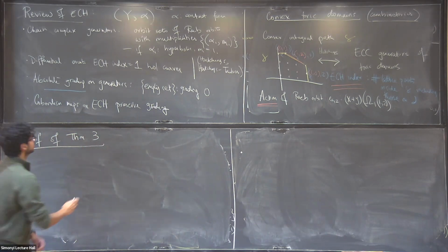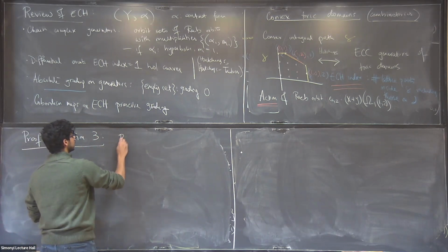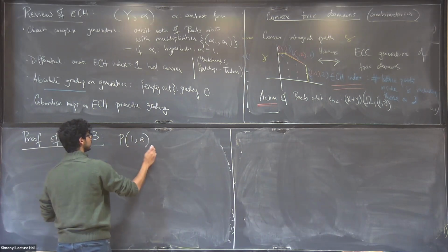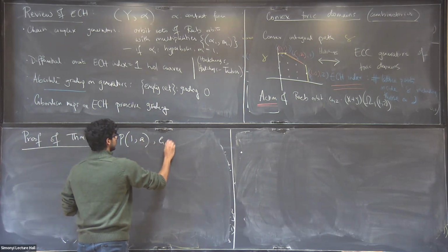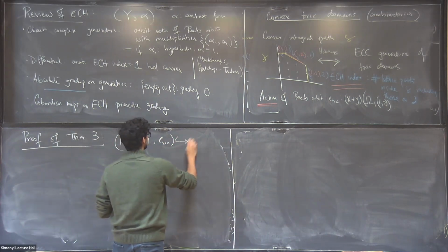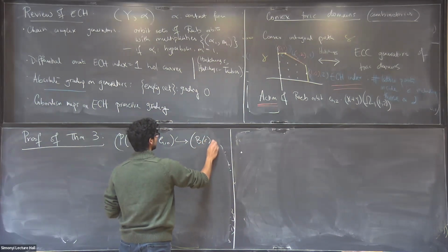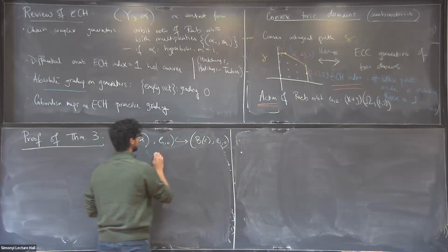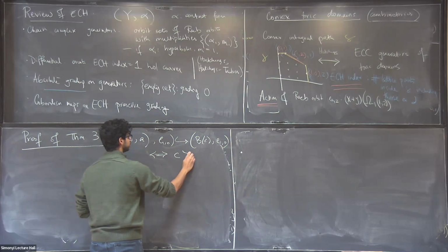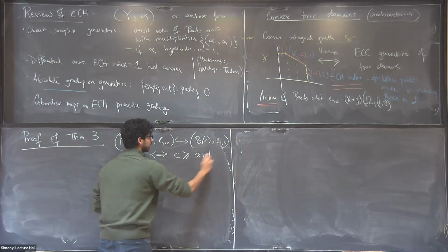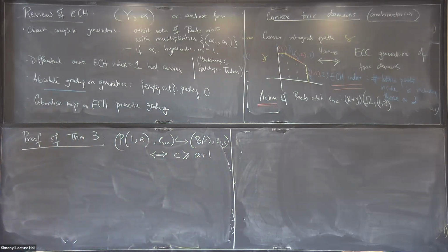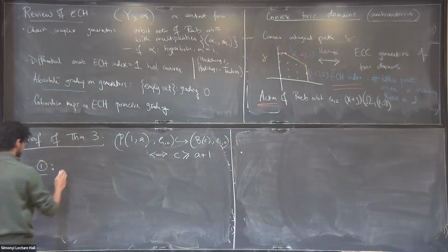If you remember what theorem 3 is, I'll just remind you that if P(1,A) has an embedding into B of C, P(1,0), then C has to be bigger than or equal to A plus 1. And we prove that with 2 lemmas. Lemma 1.